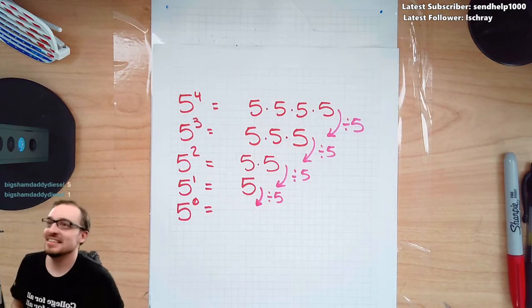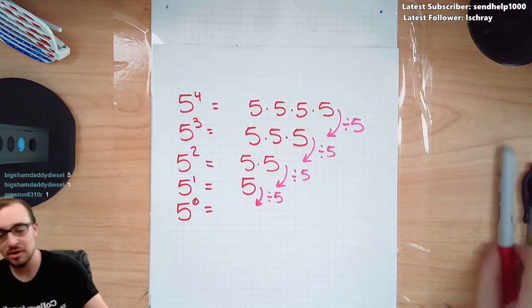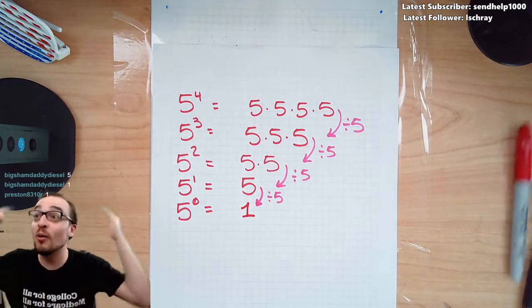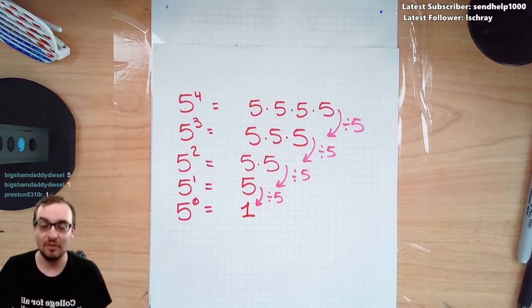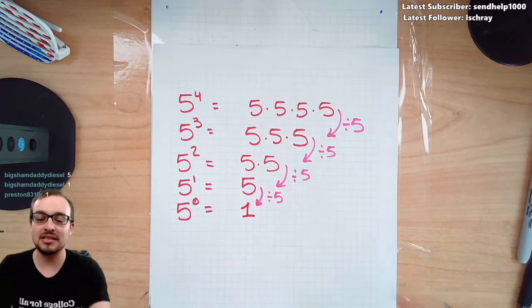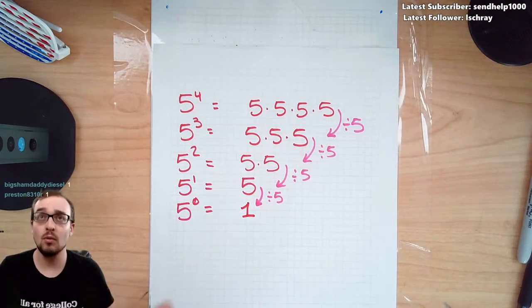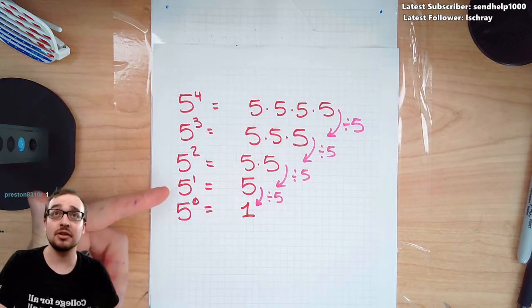That's what I've been saying. Guys, Abigail just said, is that why 5 to the 0th is 1? Well, of course. She's like, well, I was just told to memorize that. Now you know why. It makes sense. It does follow the pattern. We keep dividing by 5. We're not taking away a 5. That'd be subtracting. What we're doing is we're dividing. So it's 1.